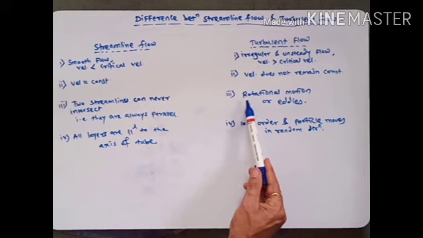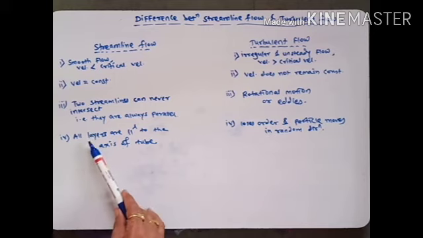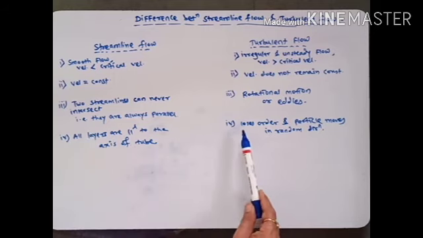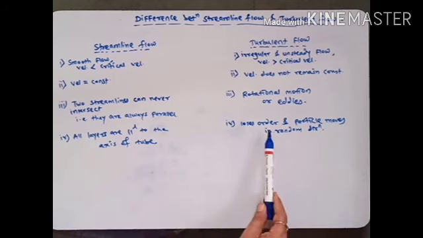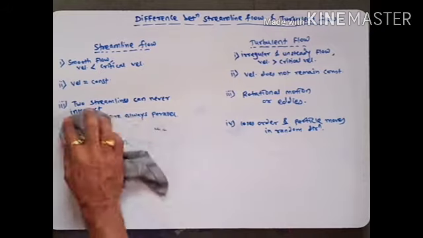Here we consider there are a number of intersections. It consists of rotational motion or eddies. All layers are parallel to the axis of the tube, and here it loses order and particles move in random direction. This is all about the difference between streamline flow and turbulent flow.